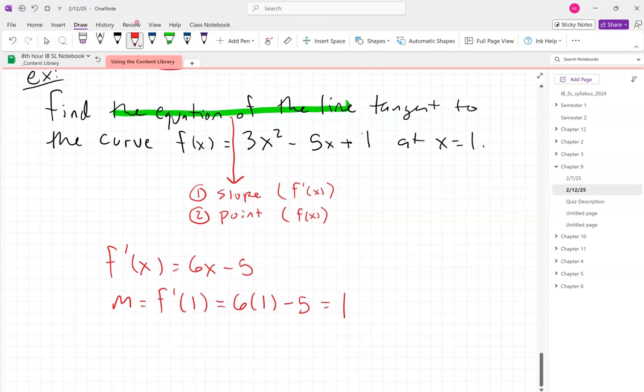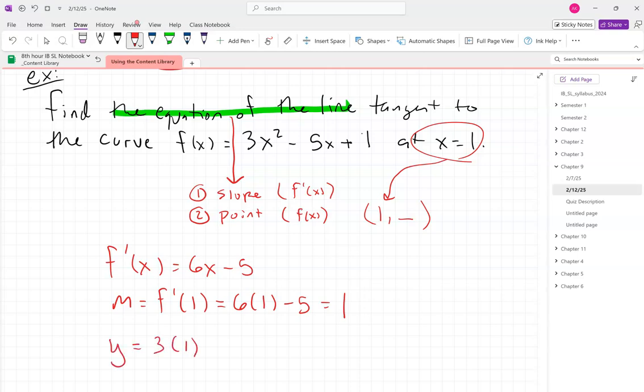And then the point we know is 1 comma something, because x equals 1. So the y is just plugging 1 into that, so that's going to be -1.